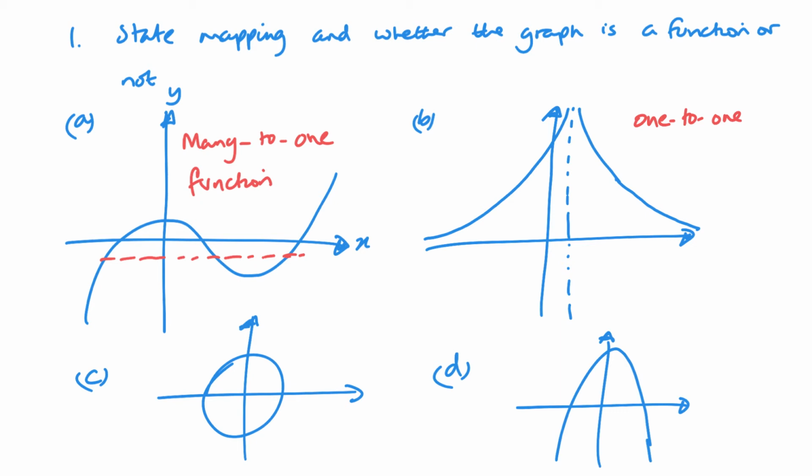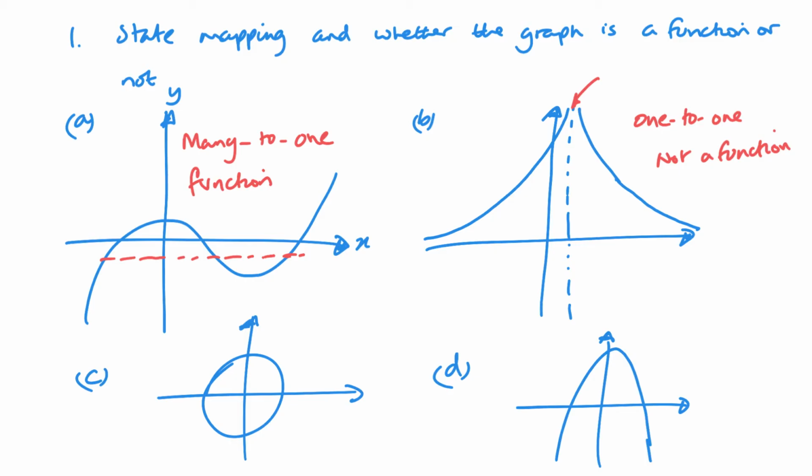Let's look at b. Well, b is 1, 2, 1. We know that. However, this is not a function. Something I think I might have missed out at the beginning: the reason this one's not a function is because we don't have anything valid at the asymptote. For it to be a function, every value on the domain must map to a value on the range.